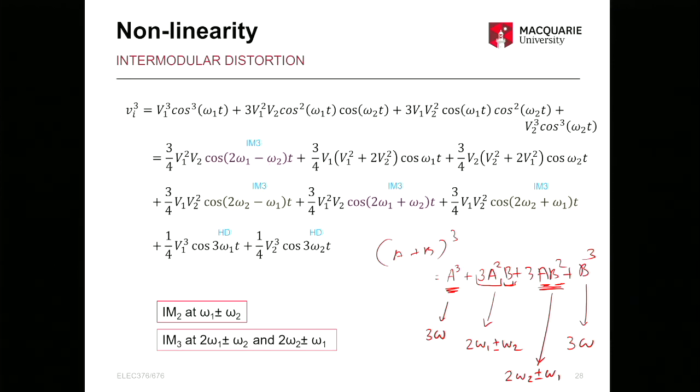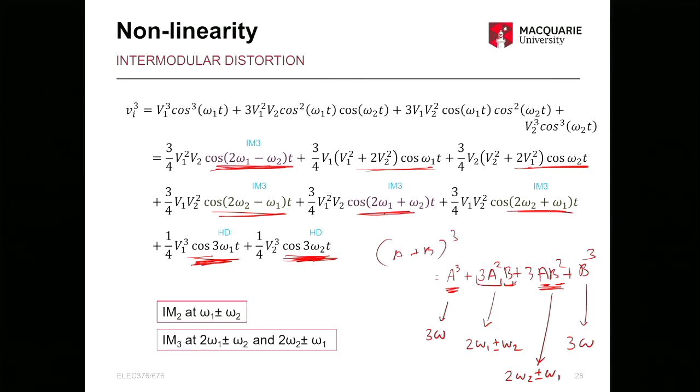The pink shade shows the intermodulation, and the gray shade also shows intermodulation, but there are unshaded parts which are the harmonics. Okay, so this is the fundamental frequency, this is another fundamental frequency, this is a harmonic, this is another harmonic, and these are intermodulation terms.